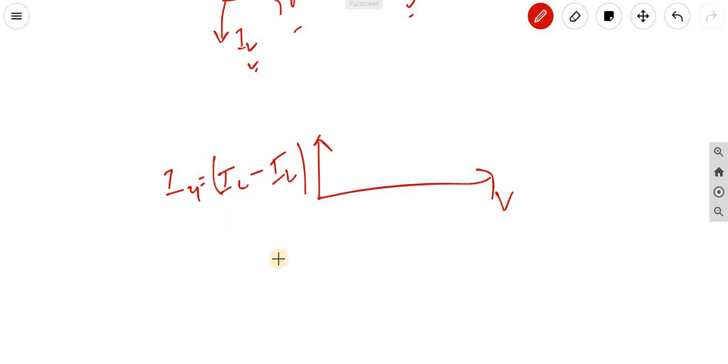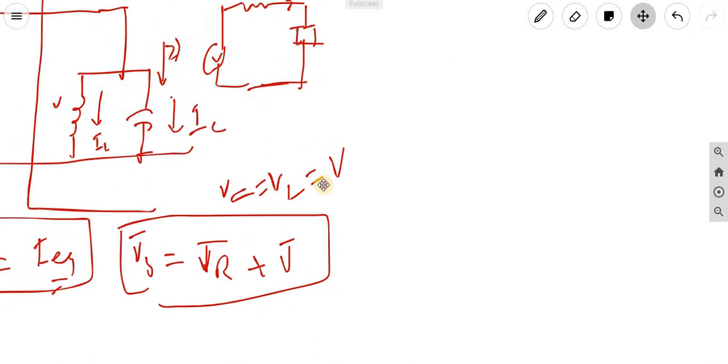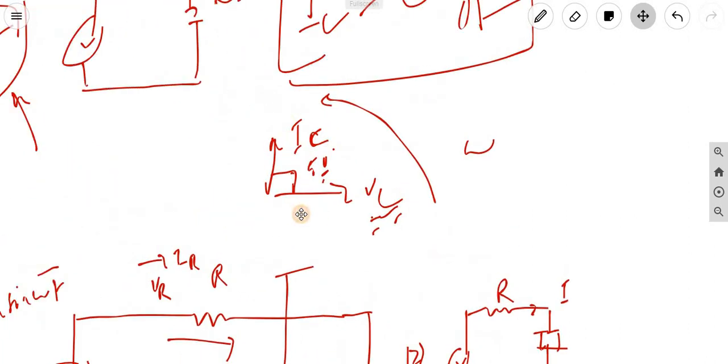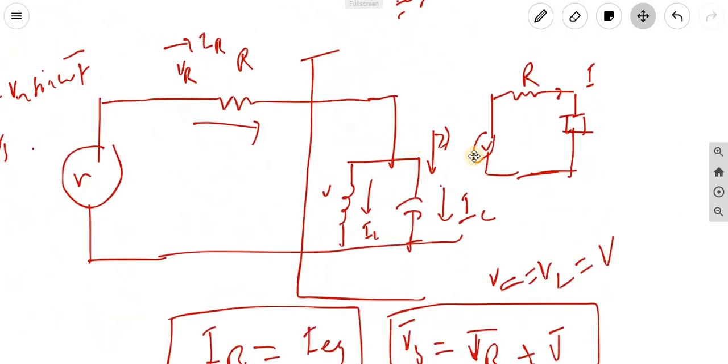And this current is nothing but IR. So IR and I equivalent are the same.